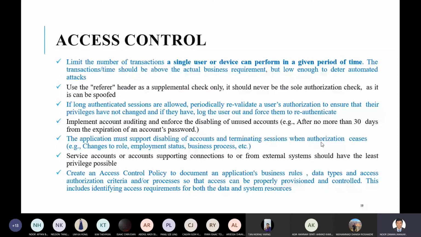We may lock the users. Okay, we may block the users or we may lock the users. Block and lock are different. So we may lock the user so the user can come through a proper authentication mechanism and provide the evidence that the user who is willing to log in or get access is the correct user.